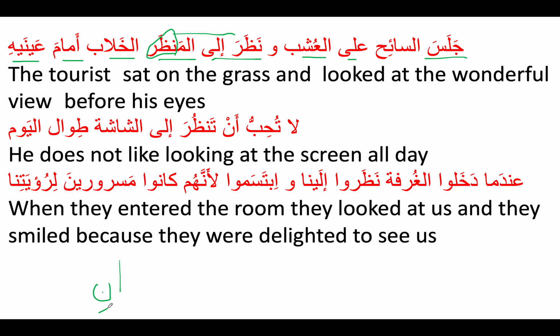That's the dual in the nominative. But because of the preposition أمام, we are in the genitive case. That means that we need to use the other dual ending, which is a ya and a nun. عيني, with this kasra making it عيني.